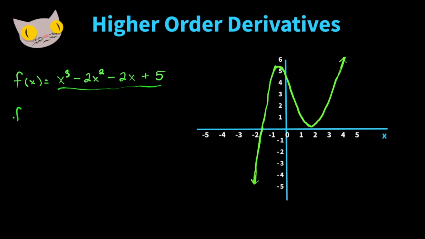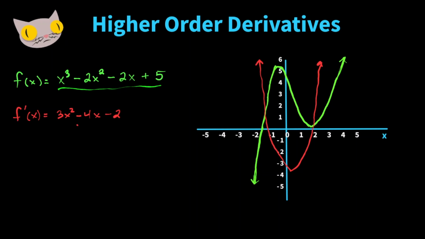The derivative, f prime of x, is going to be 3x squared minus 4x minus 2. So we have our equation for velocity that's represented by the red line. I changed the color of the equation to correspond with the color of the new line.